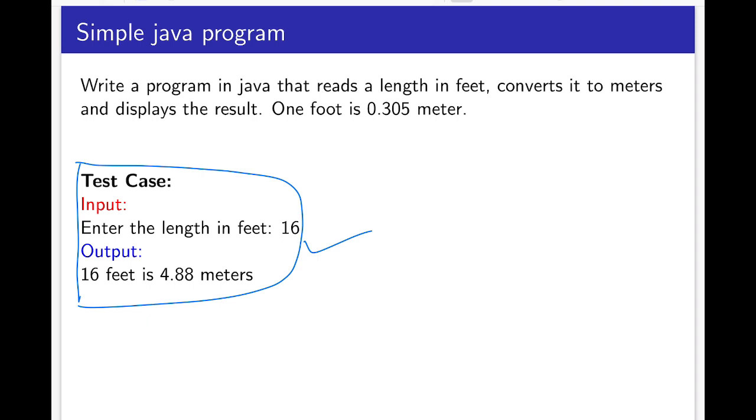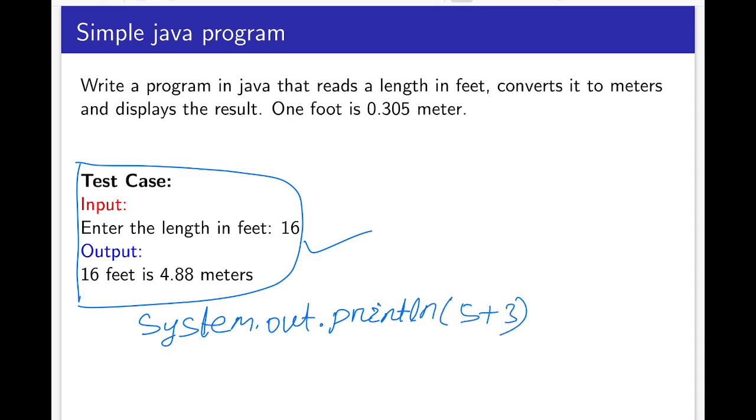So System.out.println we have previously discussed. If you write System.out.println 5 plus 3, then it will display 8.